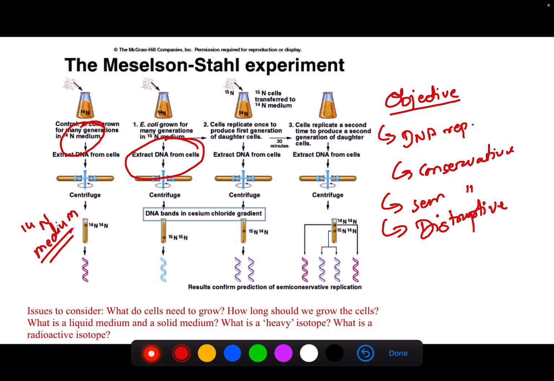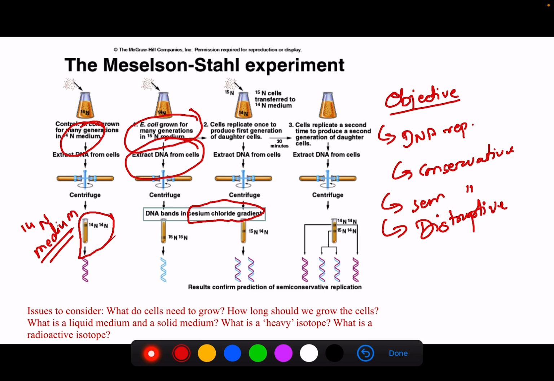They again grew another batch for many generations in N15 medium, extracted DNA from these cells, and mapped their density in cesium chloride. Cesium chloride, because it is very heavy and can distinguish between materials with very minute density differences.